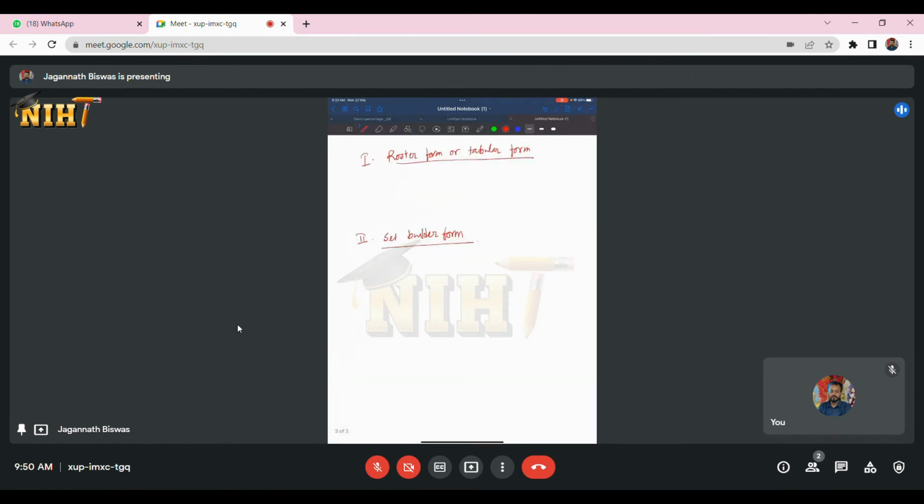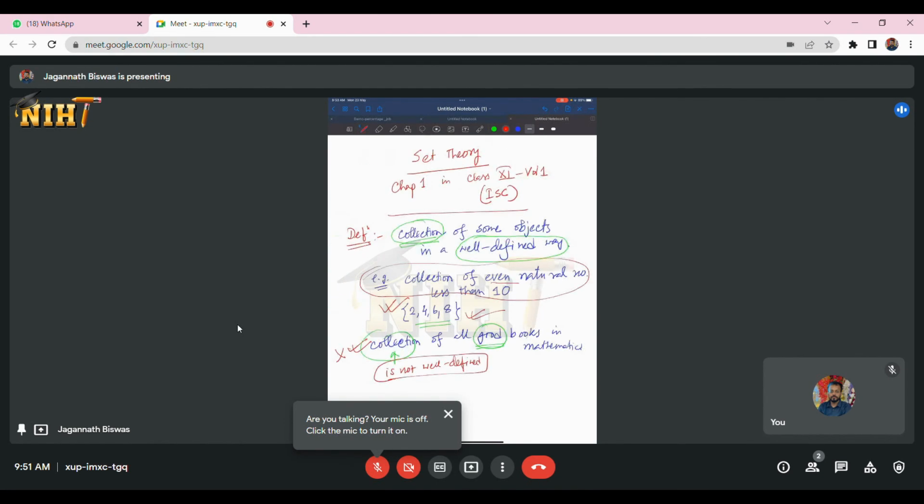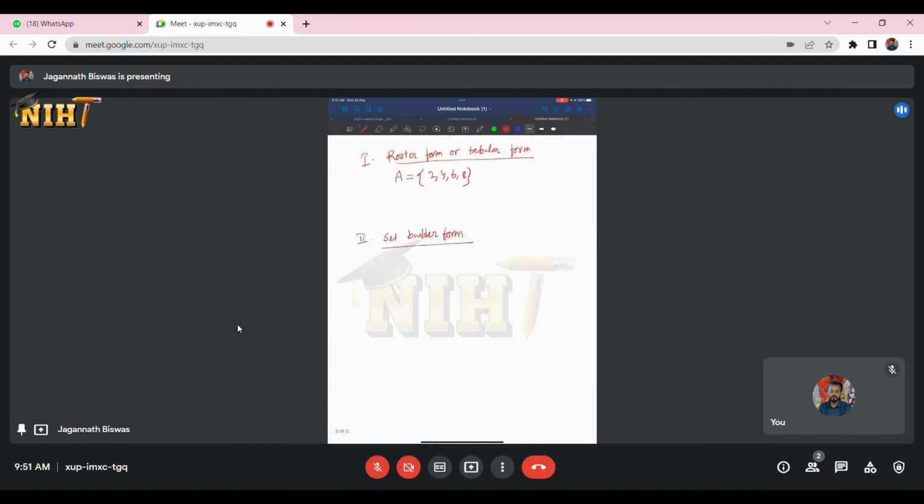If I use the previous example, in this case the set will be, you can name it anything, A, B, C, whatever you wish. So let A equal to that set 2, 4, 6, 8. And my question was the collection of all even natural numbers less than 10. Okay, so that is my set.